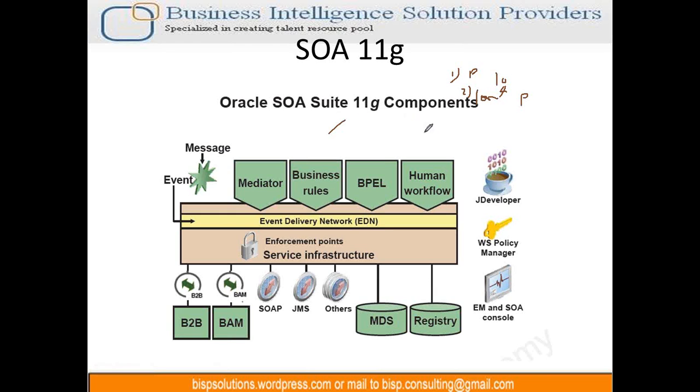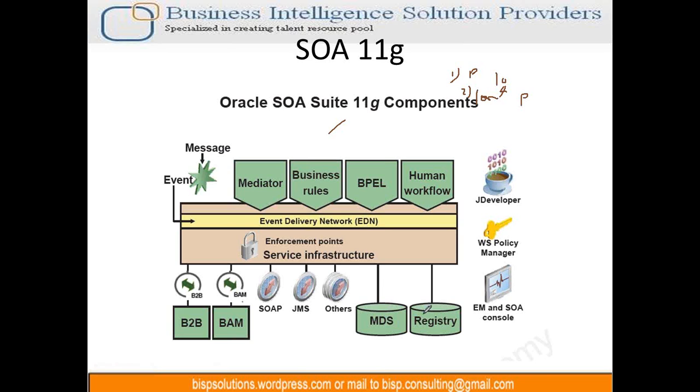If these are the cases where some person has to approve or disapprove the request, that is where the human workflows come in handy. MDS stands for metadata repository. It is a place where we keep a lot of components which have to be shared across different mediators or different people flows.